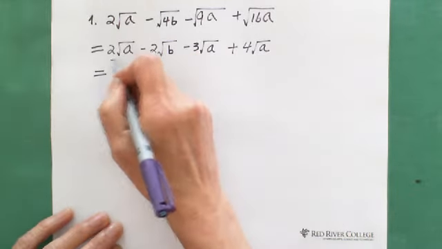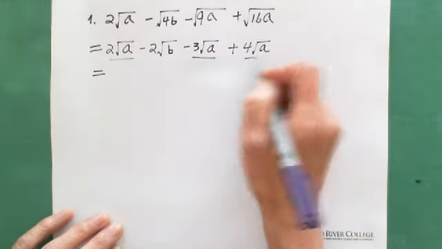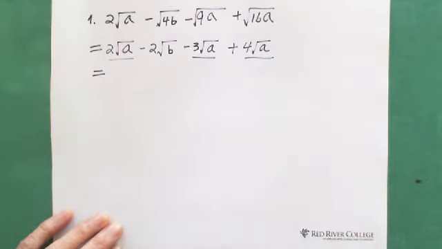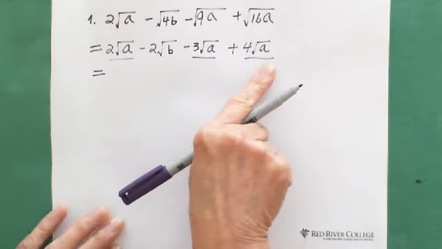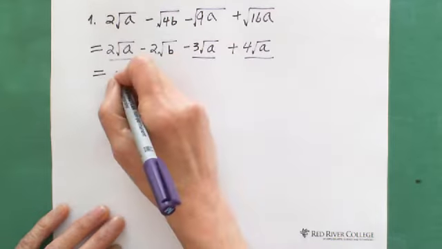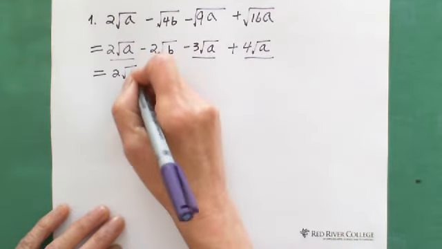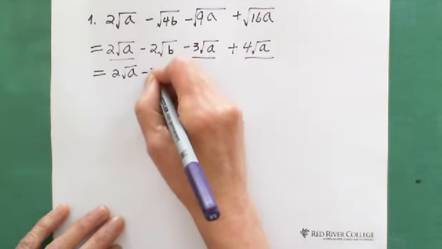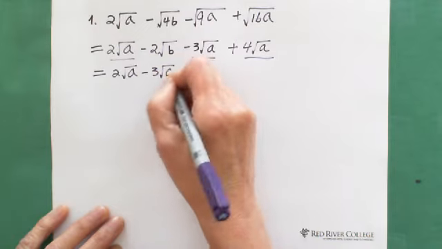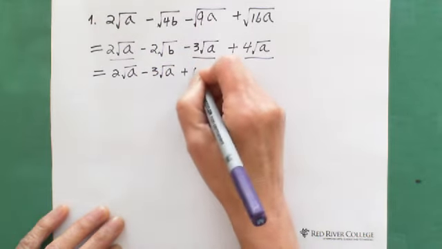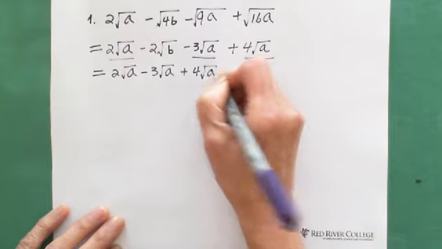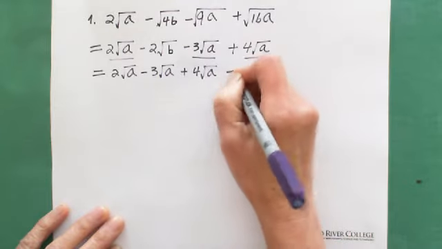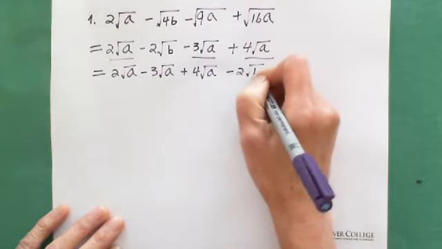Then we can find square root a, square root a, square root a, and this square root b. Obviously, these three are similar radicals, so we can combine them. We write 2 square root a minus 3 square root a plus 4 square root a and minus 2 square root b.